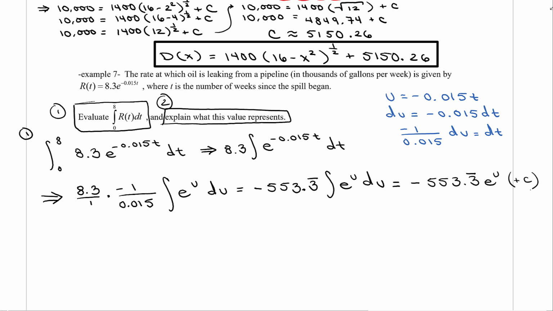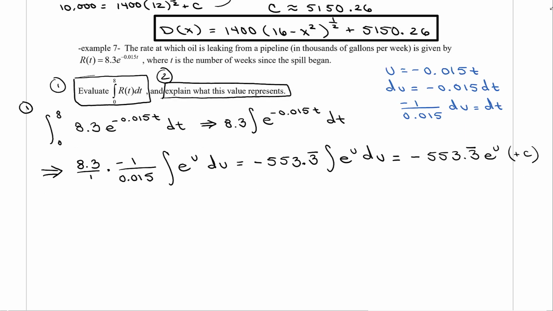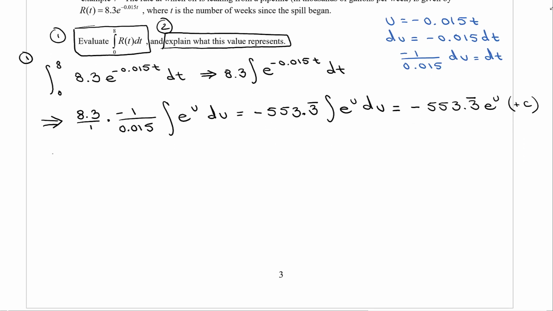I'm going to write the plus c inside a set of parentheses, because this is a definite integral and we are going to be evaluating it, so we won't be keeping that plus c for long. So this is then going to become negative 553.3 repeating, e raised to the negative 0.015 t power, evaluated from 0 to 8.